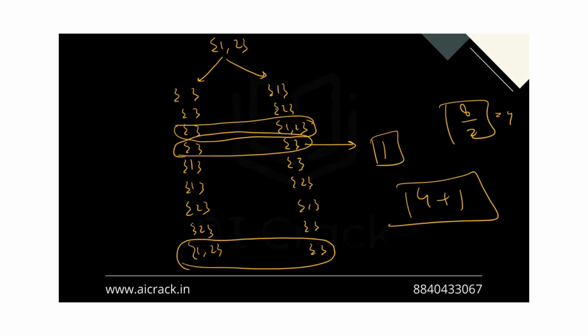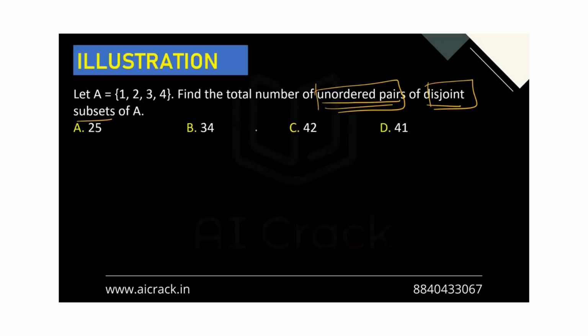But we won't be counting for 1 comma 2 comma 3 comma 4 because there would be so many possibilities. So how to do that, let's see. So we have the major set as 1 comma 2 comma 3 comma 4, and we have to create disjoint unordered subsets. So we'll again use the blank method over here, 1 comma 2 comma 3 comma 4. Okay, now one has either the choice to go over here or choice to go over here, or it can stay here as well.